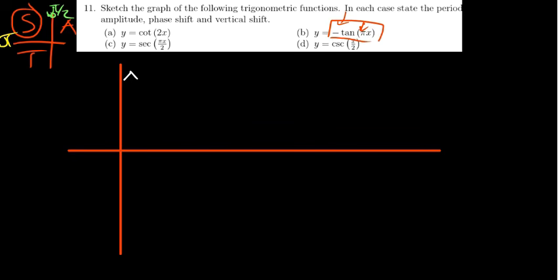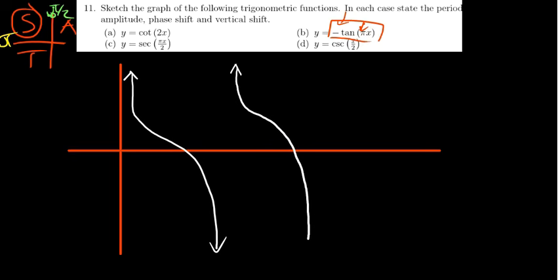Not so good. Again, then we have an asymptote here, another asymptote here. So this is pi over 2. That is occurring at what? 180.